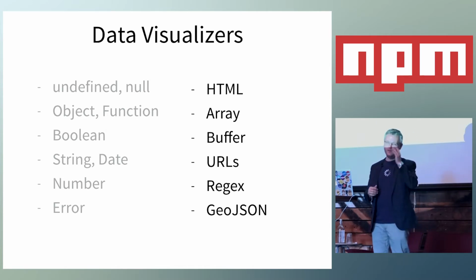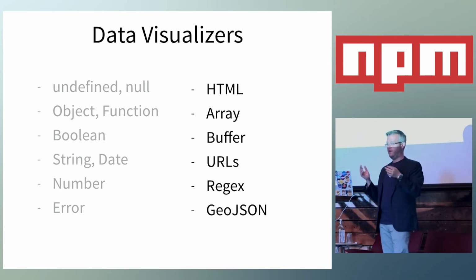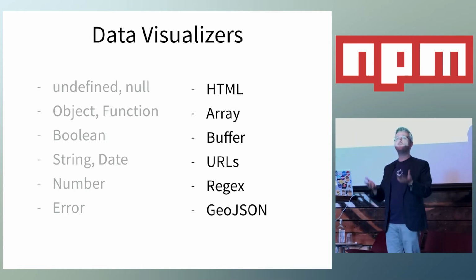I want to talk a little bit about how, because we're a website, we can give you a better experience of a console kind of development experience, a live development experience. If you use the Chrome or Safari web inspectors, you know how great they are at showing you the little icons for different types of objects, drilling down, and giving you a great display.